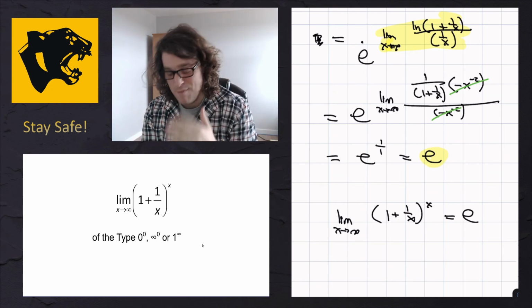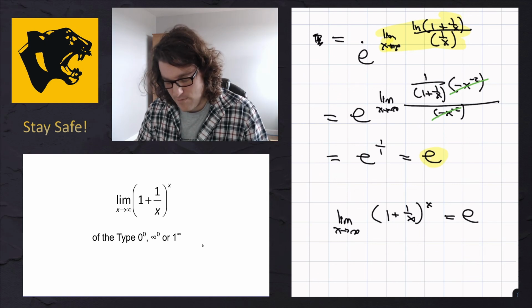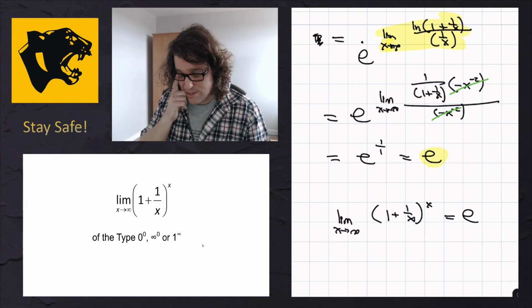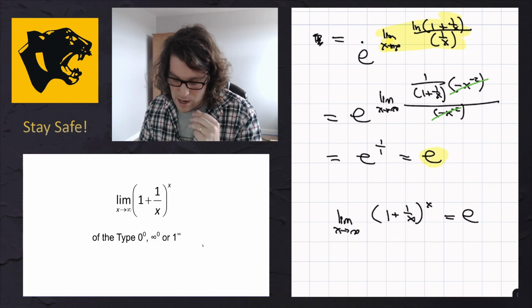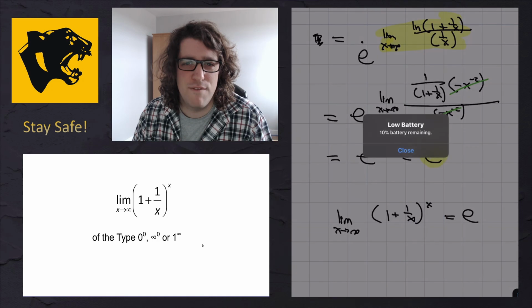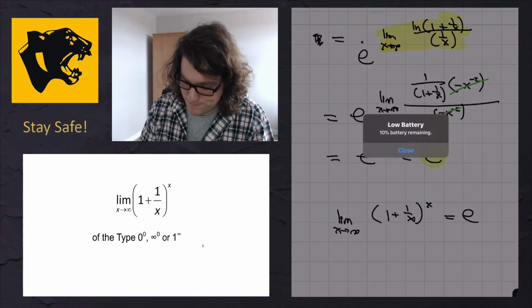If you pop values into your calculator of (1 plus 1 over x) to the x power and try really big numbers, like 1 plus 1 over 100 to the 100th power, you start getting values that are very close to e.